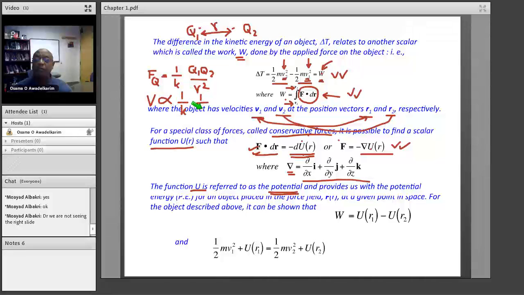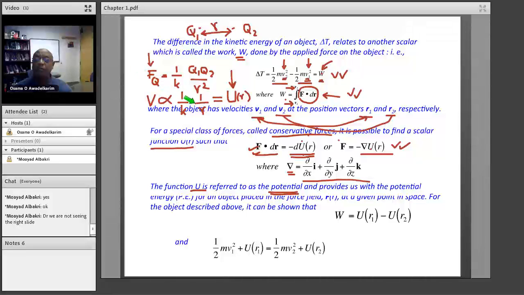So you see that there is a scalar potential, V. This V is what we mean by U of R. So this force, which is a Coulombic force, has a Coulombic potential, or a scalar potential function, U of R. And you can immediately see that you can get this F by differentiating.